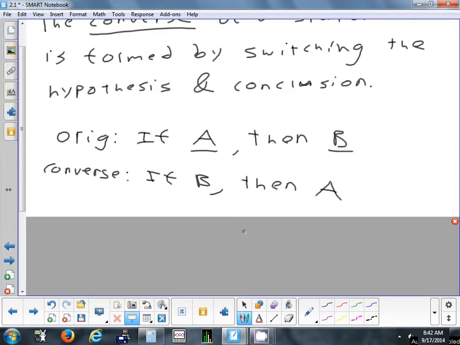Think about that last one we did. If you switch the hypothesis and conclusion, do you always get a logically equivalent statement? No. In fact, I took a statement just a minute ago that wasn't true and made it true. So the converse and the original statement are not logically equivalent. They're different.